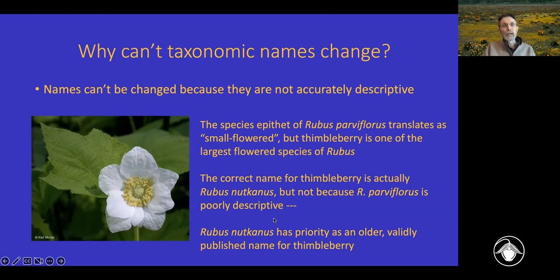And the only reason we haven't instituted Rubus nutkanus into the Jepson eFlora is because there has been a proposal for conserving the name Rubus parviflorus published in Taxon, and we're just waiting until the Madrid Botanical Congress next year to see how it's ruled on. And if it's rejected, then we'll go ahead and substitute the older name Rubus nutkanus, but we want to just see how this settles out.